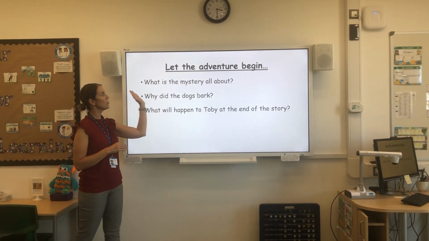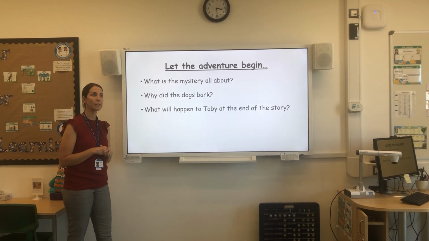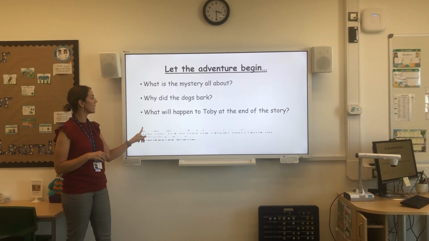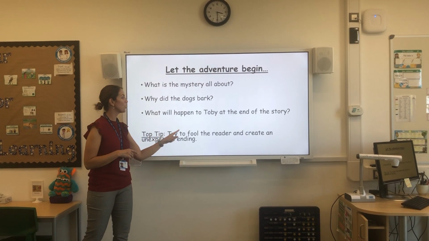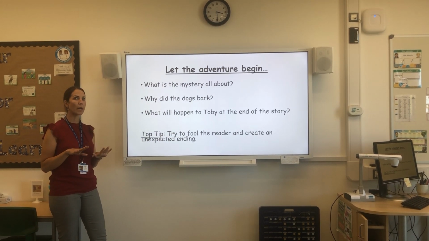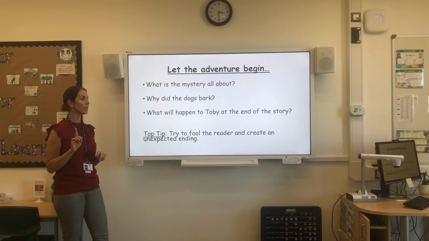So these might just be a few questions going through your head as you're thinking about your own story and your own ending. But remember the top tip. Try to fool the reader so that it's a very unexpected ending, something that the reader didn't think of.